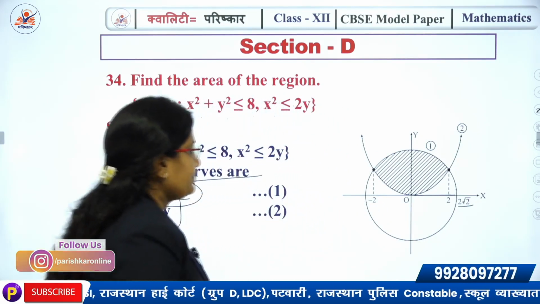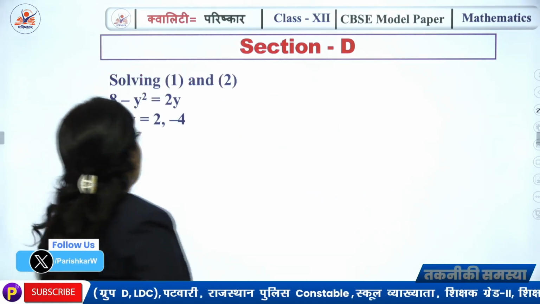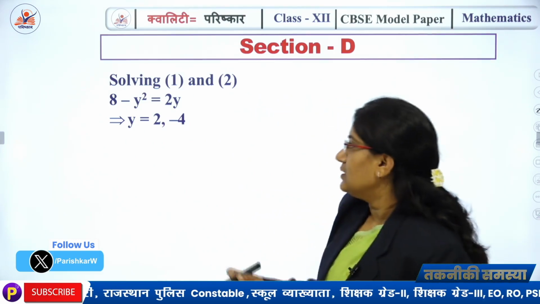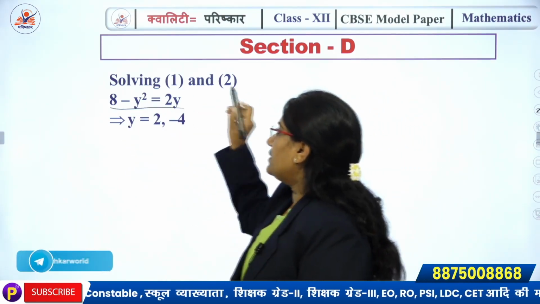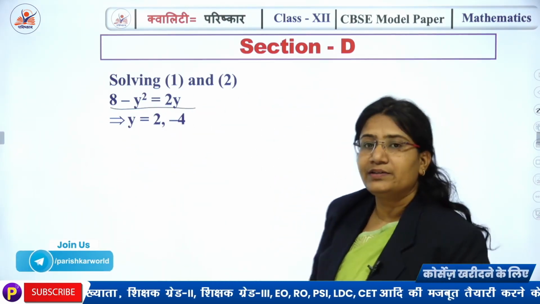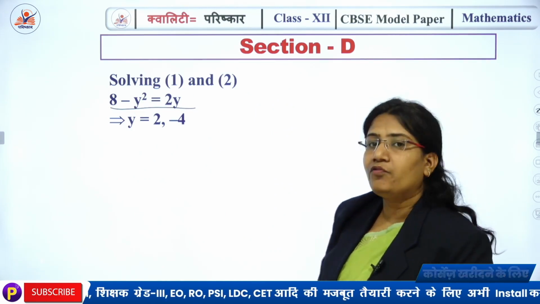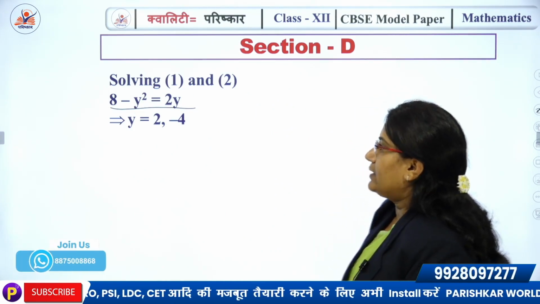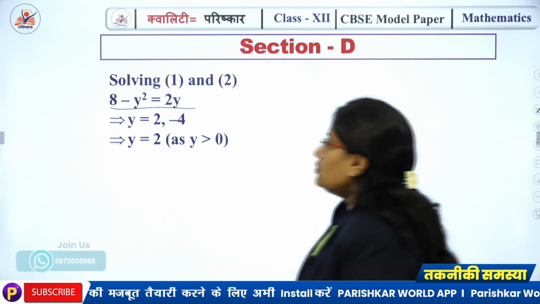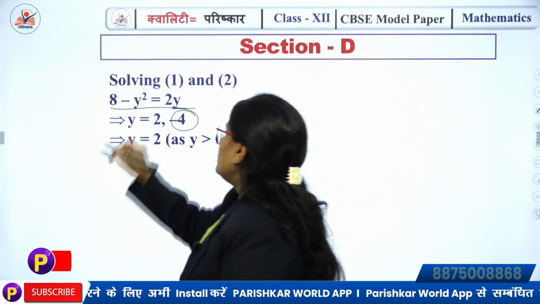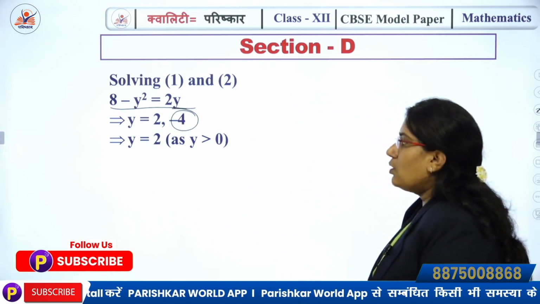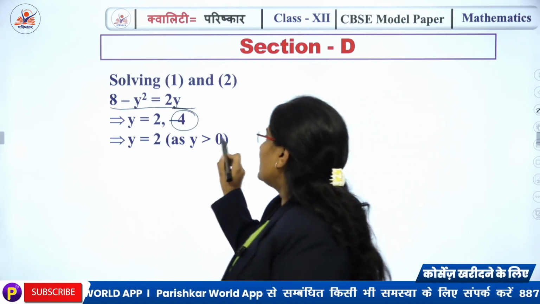Solving 1 and 2, we have 8 minus y square equal to y. This is a quadratic equation in y. After solving this quadratic equation, we have the value of y equal to 2 and minus 4. Students, we will not consider the value minus 4 because the value of y is greater than 0.